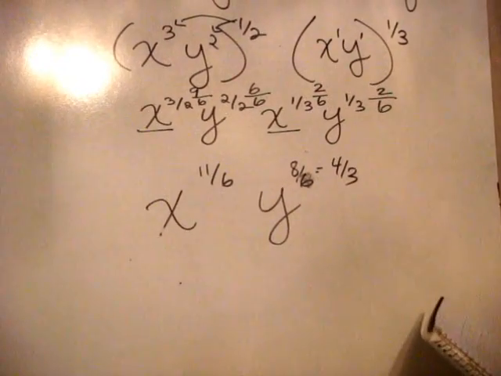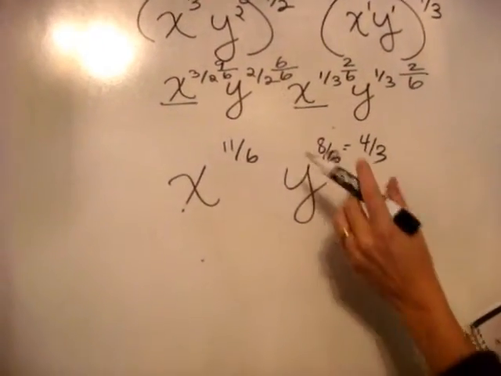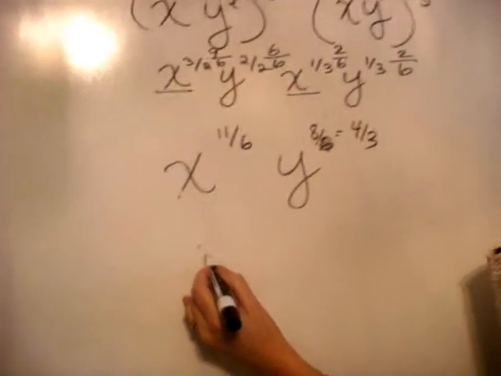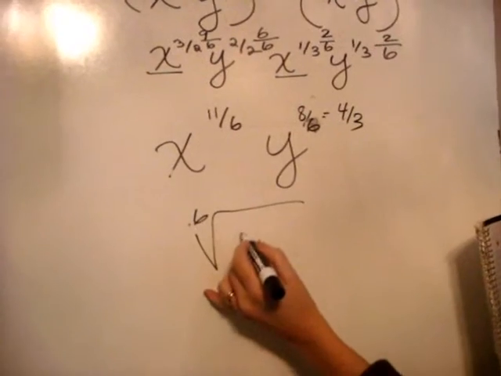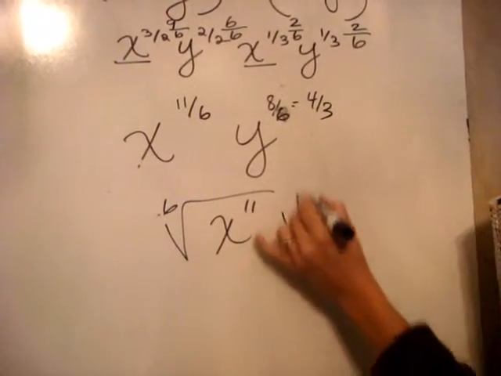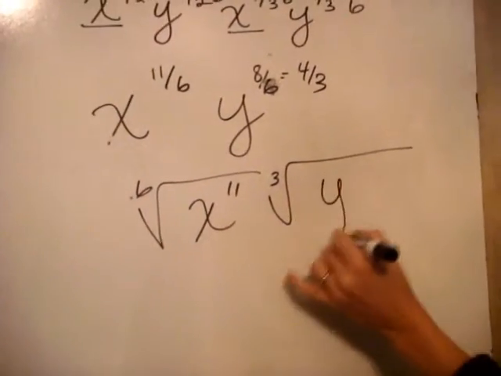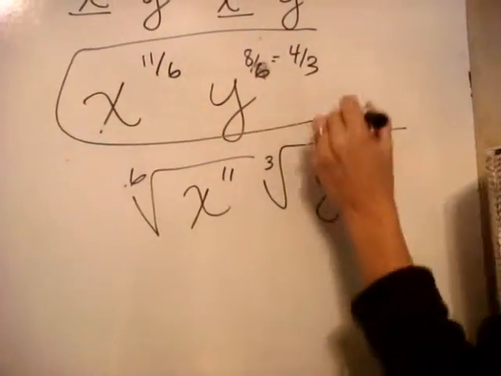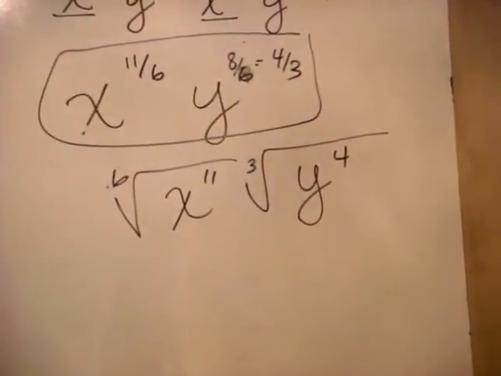So we put it in that form. You can leave it in this form, or you can put it back under the radical, which would be the 6th root of x to the 11th times the 3rd root of y to the 4th. You can leave it in this form if you want. You have to see what they ask for in the back of the book.